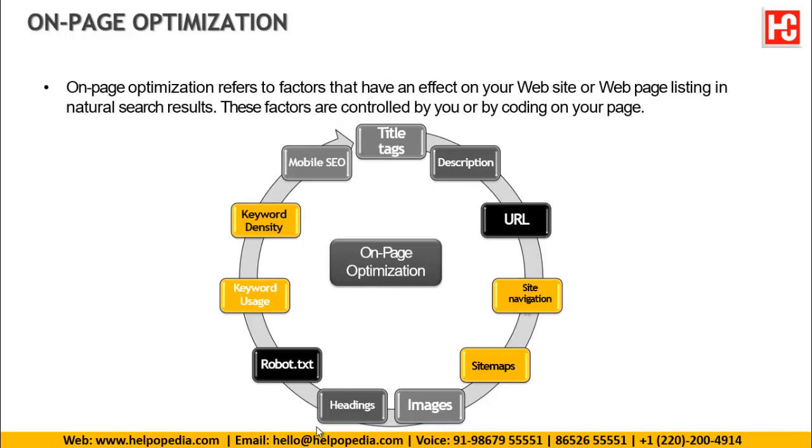Now, what if the robots.txt file is not there and the sitemap is there? In that case, if Googlebot does not find the robots.txt file, the second thing it will search for is the sitemap. It will find all the links, and it will take the content only from those links.